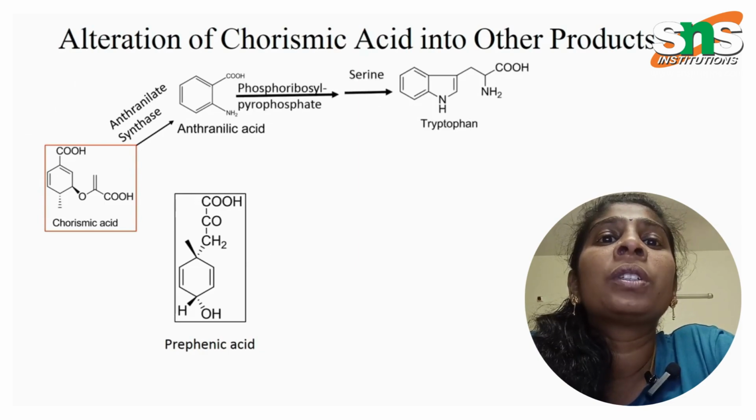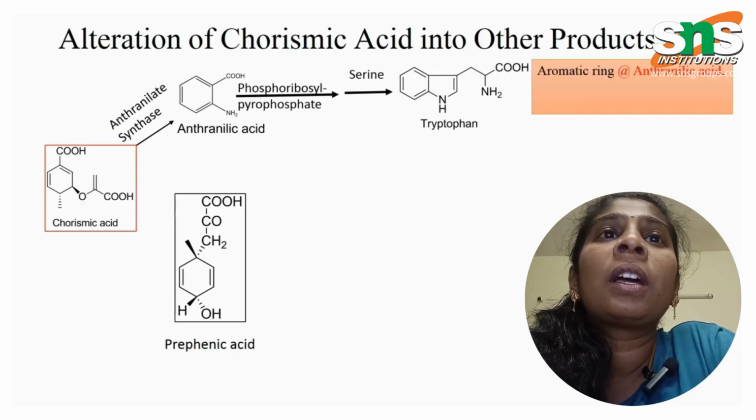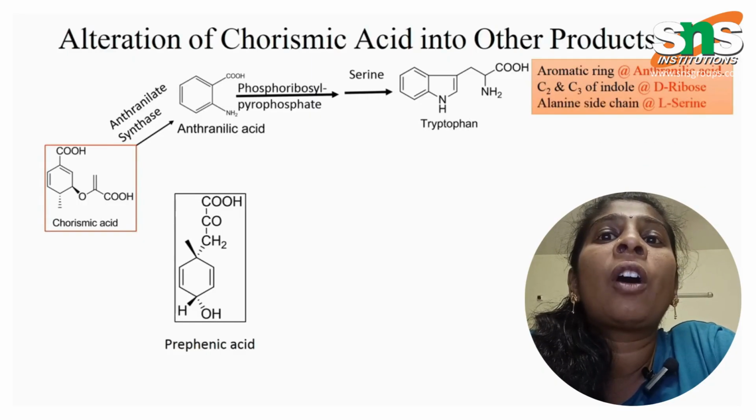We will not go into the detail of this reaction, but it should be noted that the aromatic ring, C2, C3 of the indole ring and the side chain of tryptophan are derived from anthranilic acid, PRPP (D-ribose) and L-serine respectively.